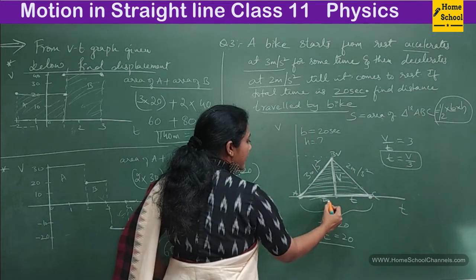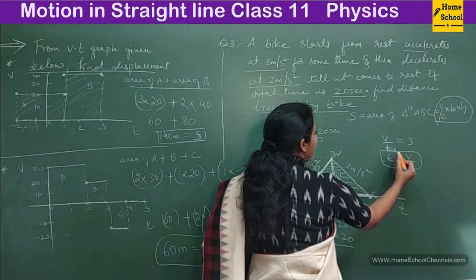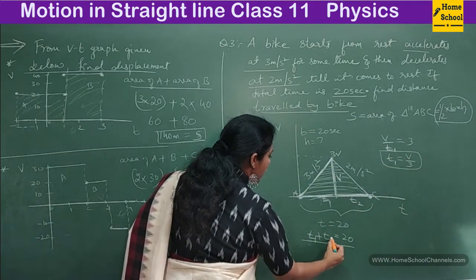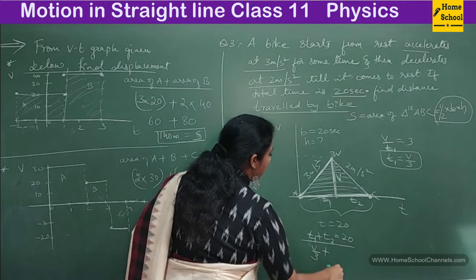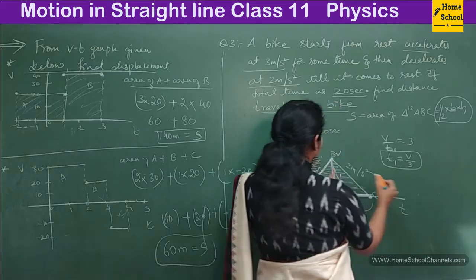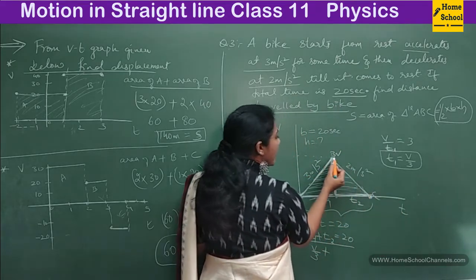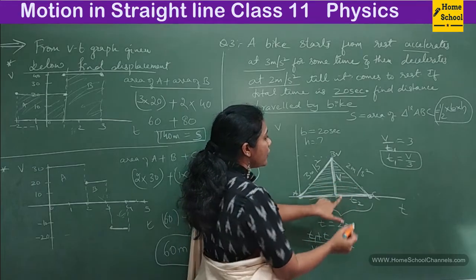Let this be t1, let this be t2. So t1 is how much? T1 is v by 3. Like that only find t2. Okay, consider this triangle now. This is the slope. This by this is equal to slope, right?